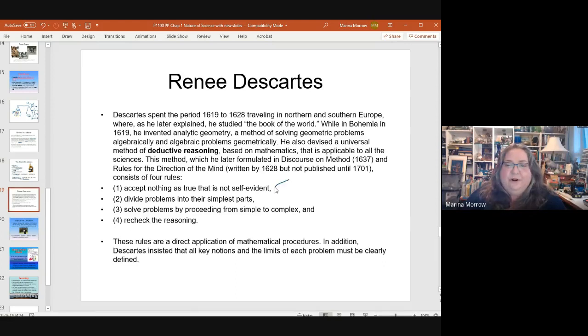So his rules were: accept nothing as true that is not self-evident, divide problems into their simplest parts, so that's like doing an experiment, and solve problems by proceeding from simple to complex. So again, in experiments, we usually isolate one thing that we're looking at, and then recheck. And that's why scientists are supposed to recheck their data and have other people check it too. So this was part of the rules that became the scientific method.